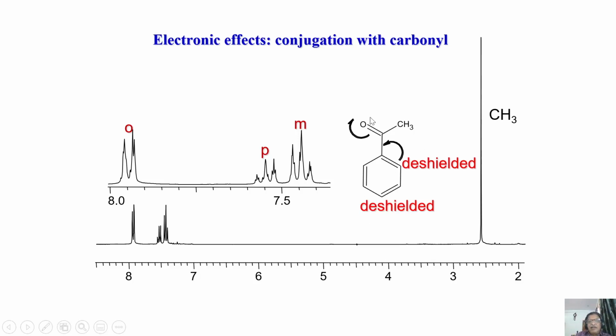Similarly, when C=N-CH3 is added to the benzene ring, the protons in the ortho and para positions get de-shielded, whereas the protons in the meta position get shielded. As you can see, meta protons come high field, whereas ortho and para protons come downfield.